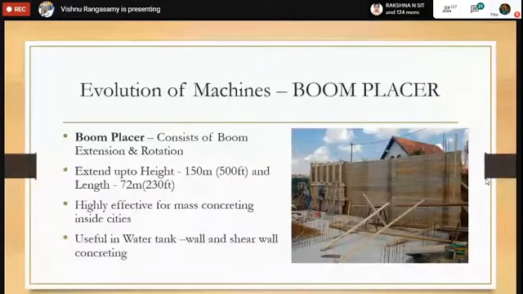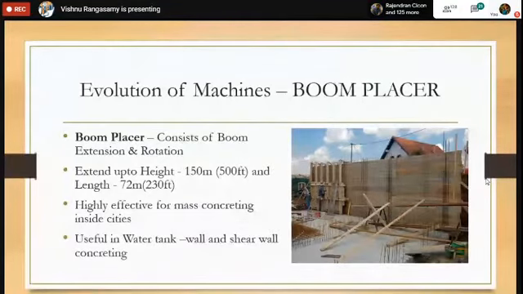Like boom placer, if our site is completely surrounded by industrial buildings, and you are not able to store the materials on site or convey the concrete to the site, you can use this boom placer.